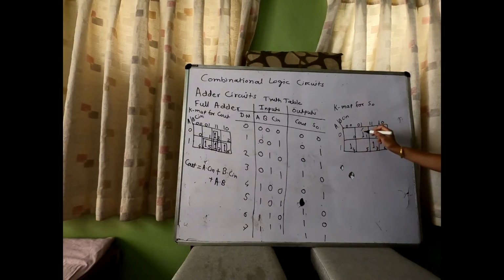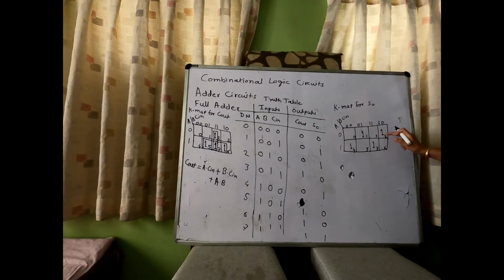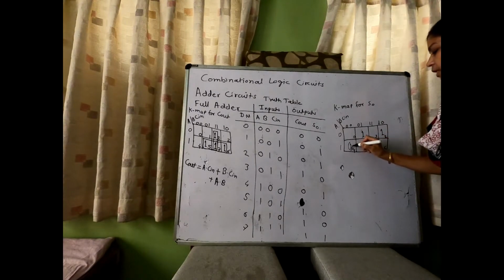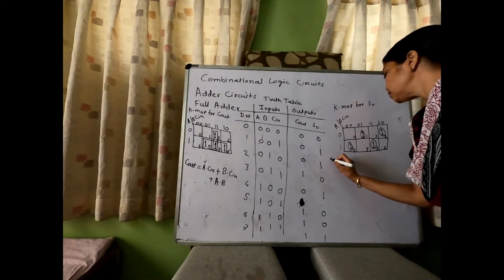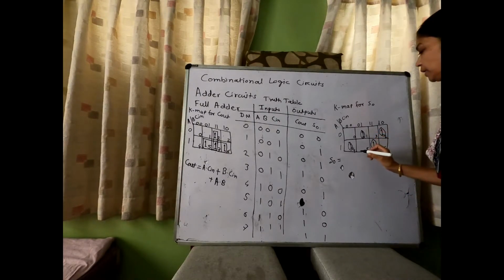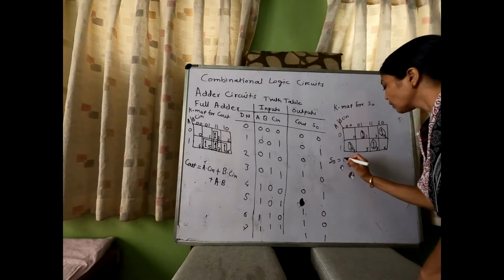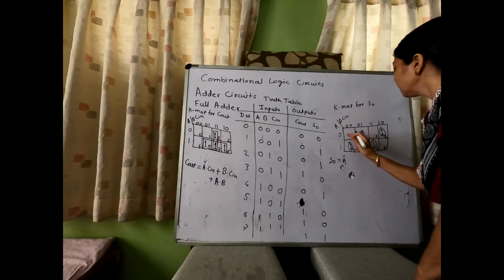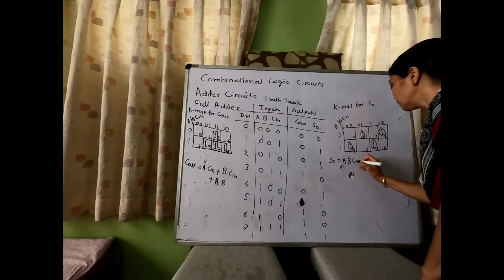Then we will check for pairs. As a pair is not possible here, we will go with the single 1s, so that S0 can be written as, for the first one, A complement dot B complement dot C in.